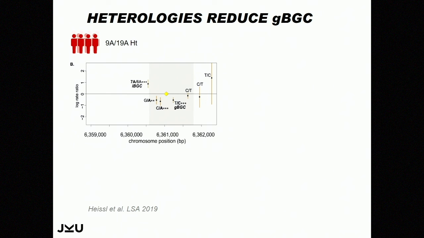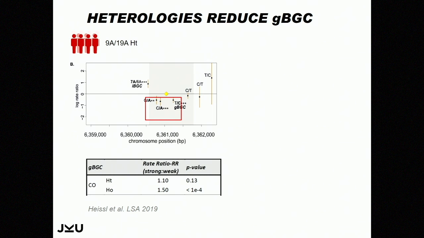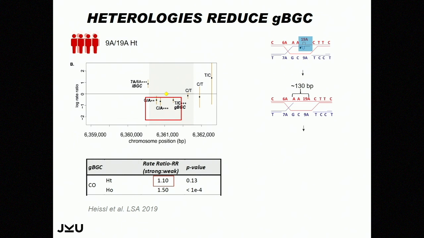Another thing that we saw is a reduction in GC biased gene conversion. In fact, here you see that heterozygous individuals compared to homozygotes have a lower ratio or lower overtransmission of these GCs. And we think this has to do with how this is being repaired.